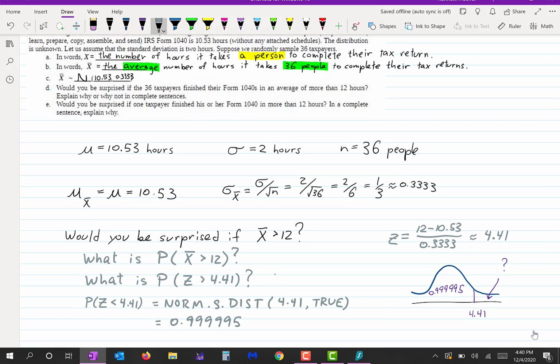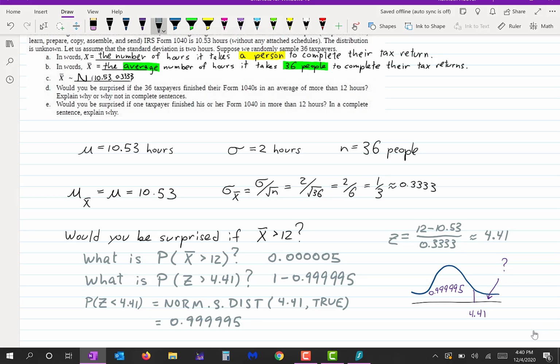That would be 1 minus 0.999995, okay? Which is 0.000005.